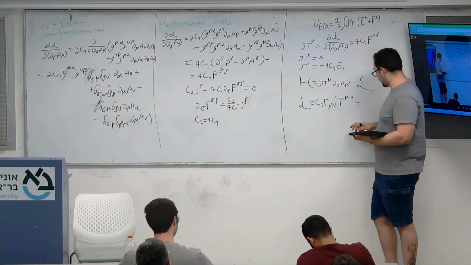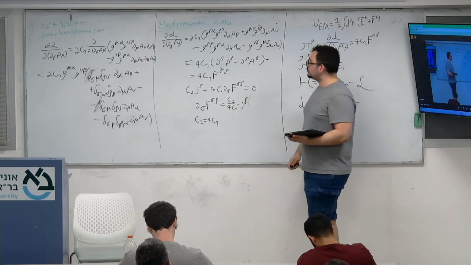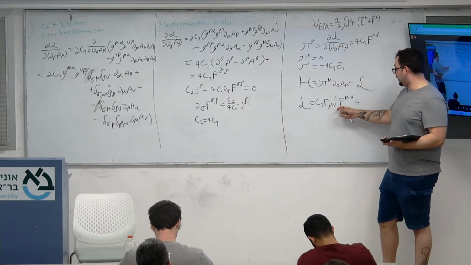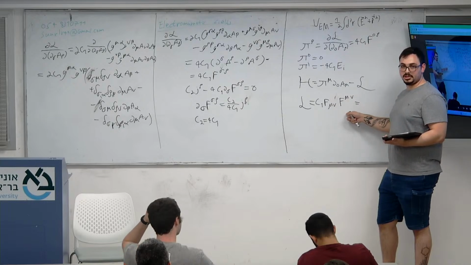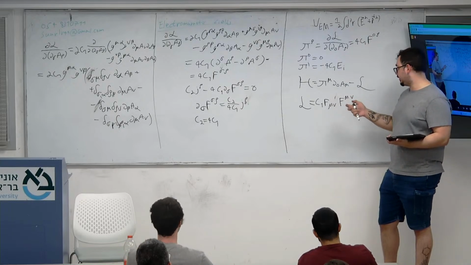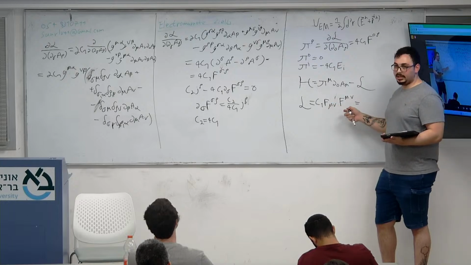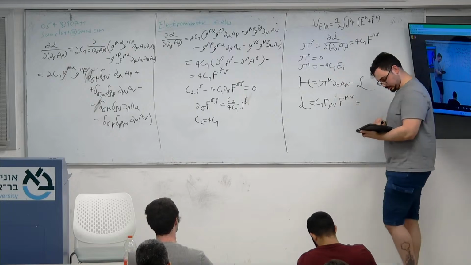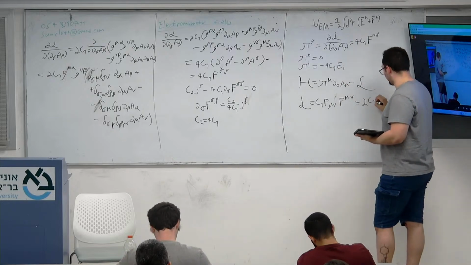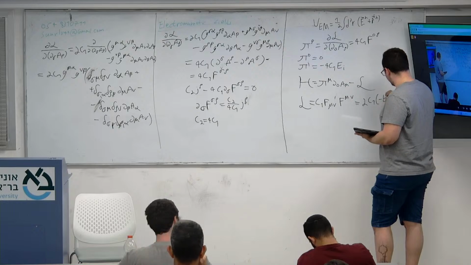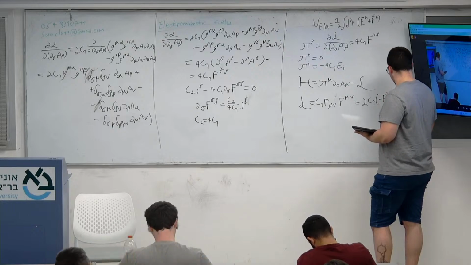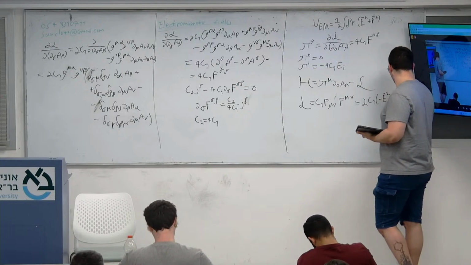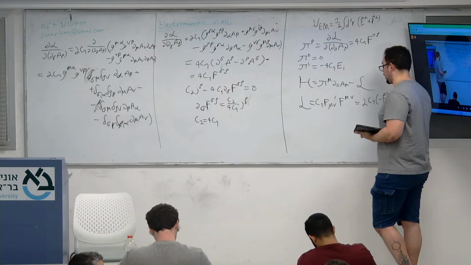And if you remember correctly, I'm not going to write the matrix again, it's too long. Basically, you will remember that the difference between these two matrices is that the electric field will have a minus sign between them. So the magnetic field will just get squared, and the electric field will get a minus squared. So overall will be 2 C1 times minus E squared plus B squared. You can test me if you like.